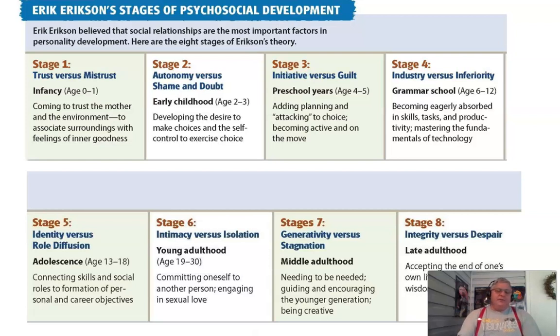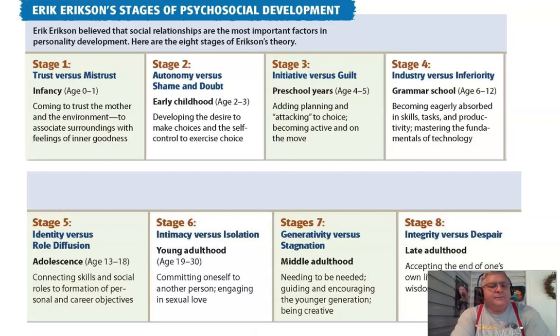Identity versus role diffusion is adolescence, 13 to 18. This is where you guys are now, and you're connecting your skills and social roles in forming personal and career objectives.